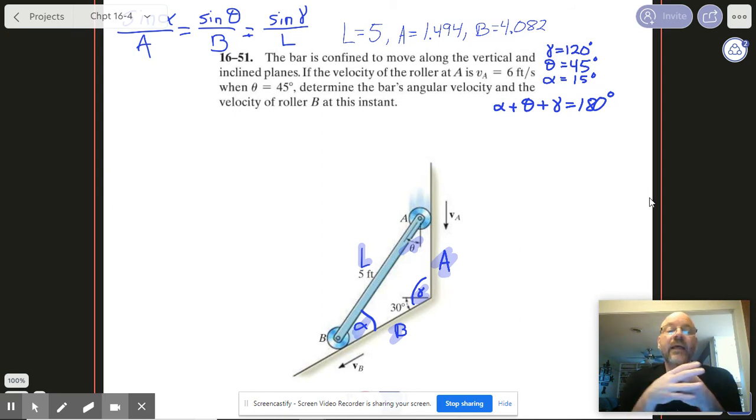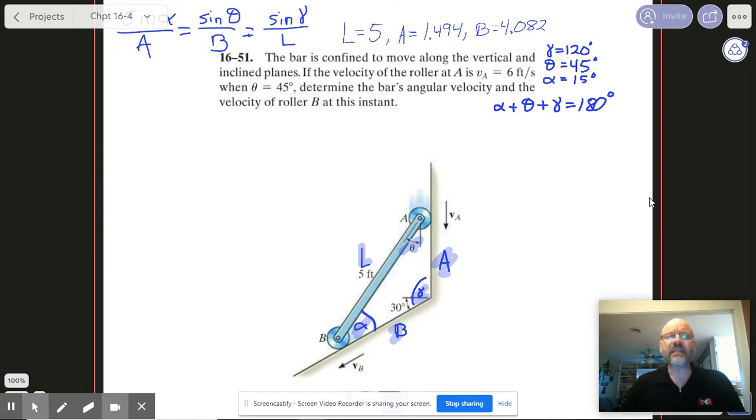You can see L is 5, A is 1.494, B is 4.082. And then since all my angles equal 180, it's easy to work out the individual values. The value of alpha is the only one we don't really know there. Okay, so we've got all that.